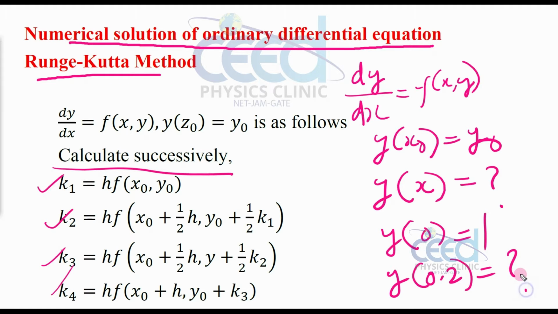Then the difference between these values, 0.2 minus 0, what is given and what we want to find, that we take as this h. So h is this difference, that is 0.2.